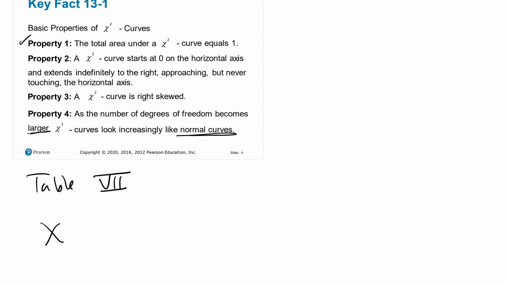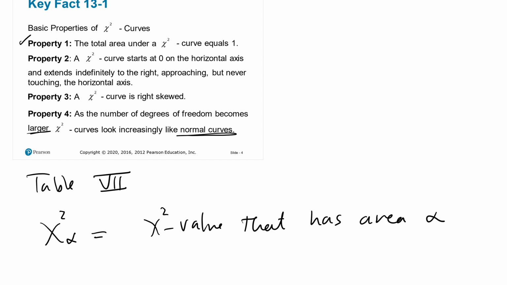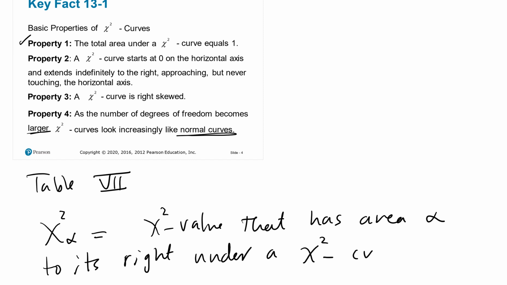We will be using chi-square sub alpha to represent the chi-square value that has area alpha to its right under the chi-square curve.